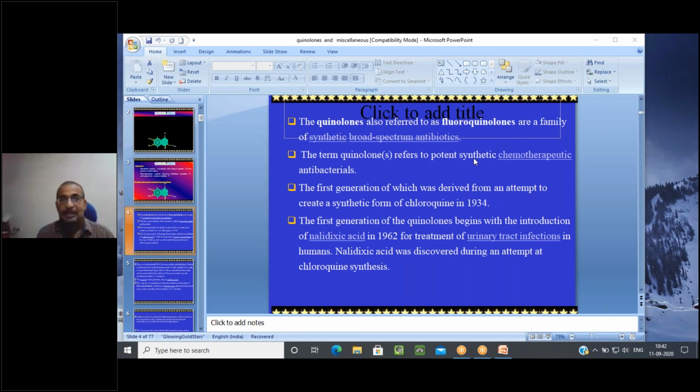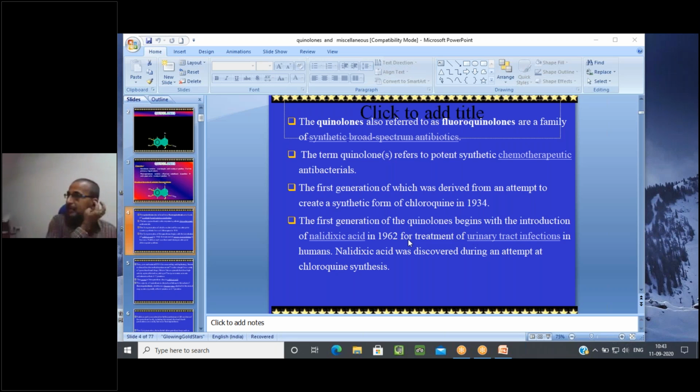There are many generations: first generation, second generation, third generation, fourth generation, and they are classified like that. The first generation was derived from an attempt to create a synthetic form of chloroquine in 1934. Accidentally, through various experiments on chloroquine, they found new products, that is, quinolones. The first generation begins with the introduction of nalidixic acid in 1962 for treatment of UTI, urinary tract infections, discovered during an attempt at chloroquine synthesis.